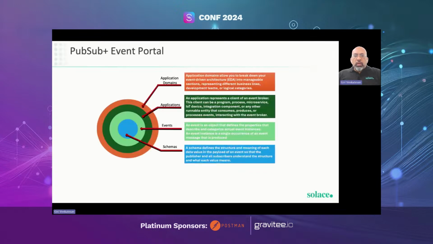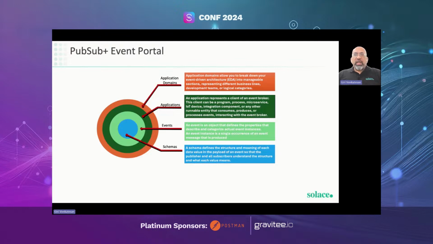Sounds good, right? So Solace pioneered the event portal space with the introduction of PubSub+ Event Portal, which lets you design and organize the building blocks of your event-driven system as manageable design artifacts. It starts with the application domain, which is nothing but a manageable section representing different business lines, development teams, or logical categories within your enterprise.